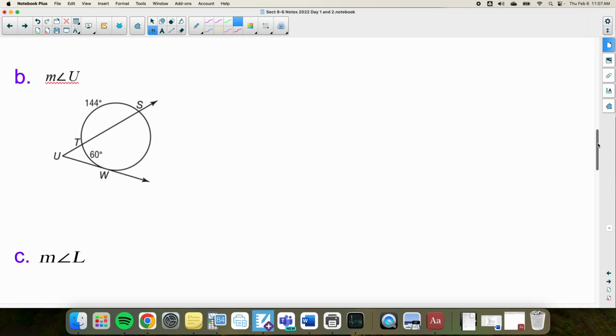Then if I look down at this one, again, here I'm finding angle U. So it's going to be 1/2 times. Could we figure out what this part of the circle is? Yes. How? Subtract 114 and 60 from 360 to get that last bit.